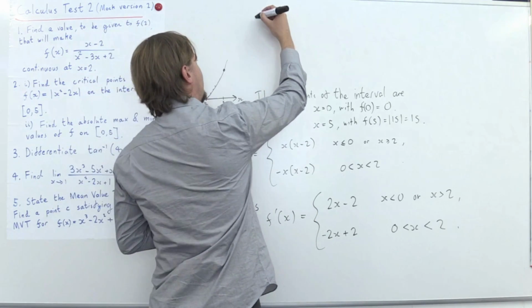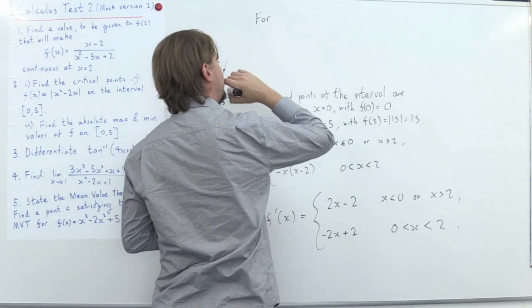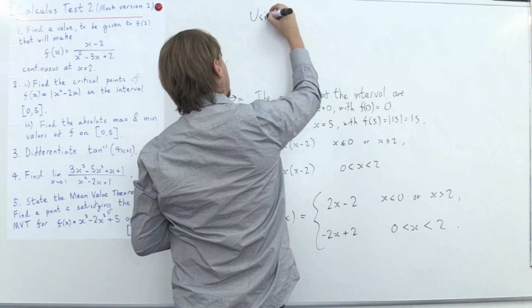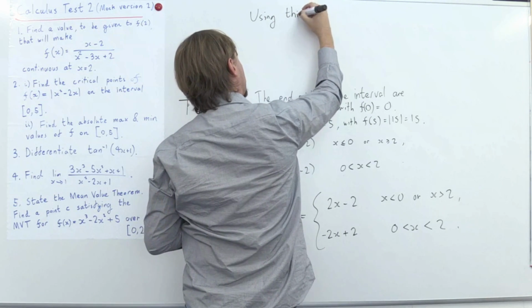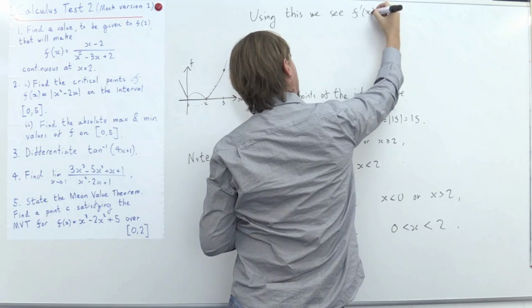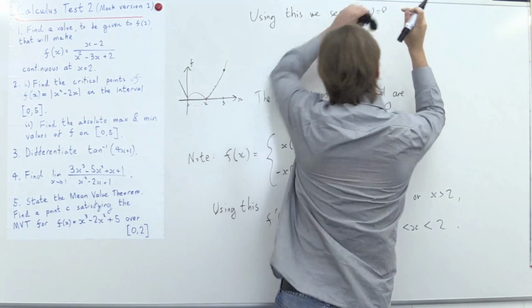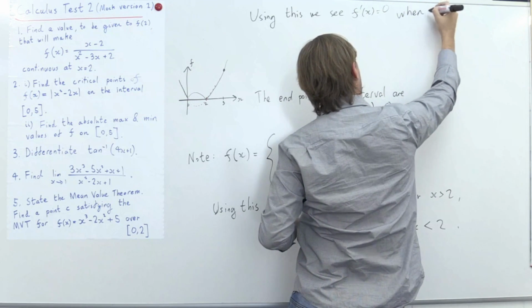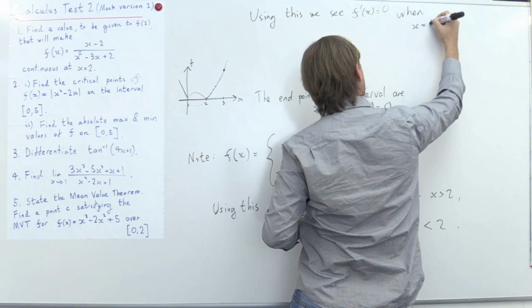Anyway. So using this, we see f prime of x equals 0 when x equals 1.